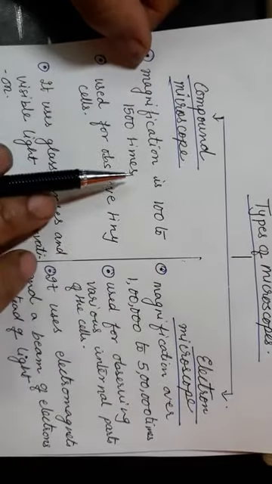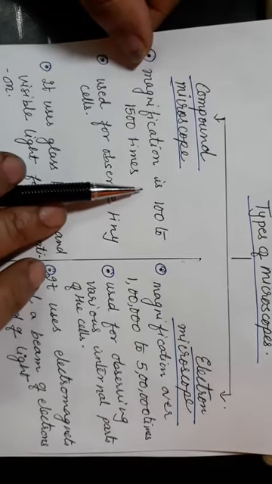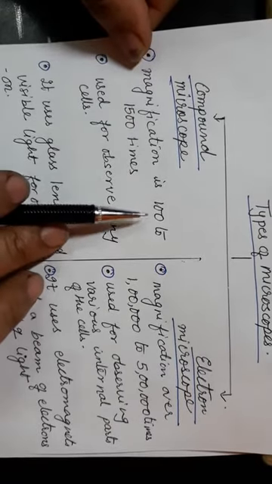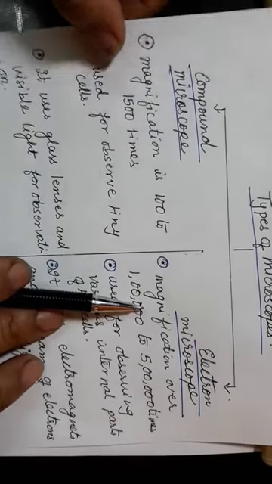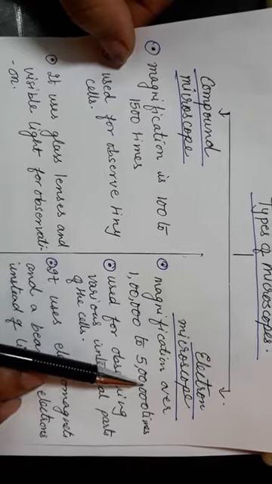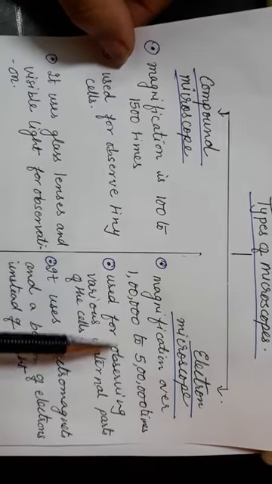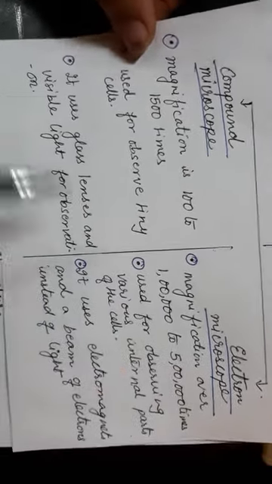The magnification power of a compound microscope is 100 to 1500 times, whereas magnification in an electron microscope is over 1 lakh to 5 lakh times.